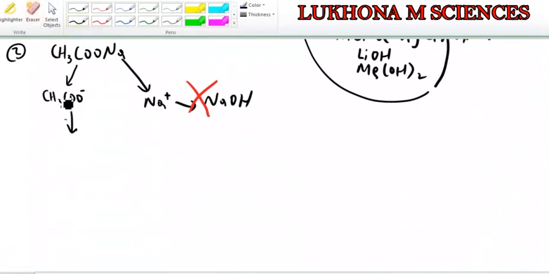So we'll take this one because it's from a weak acid. We'll take this one, then we hydrolyze it.